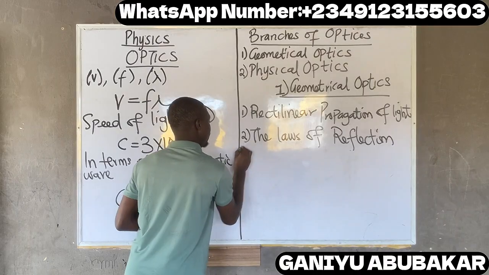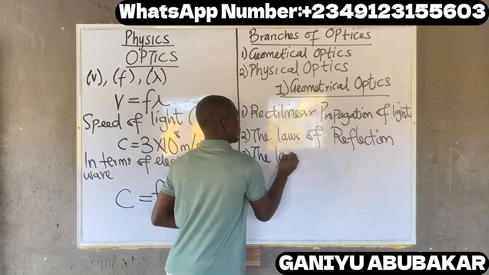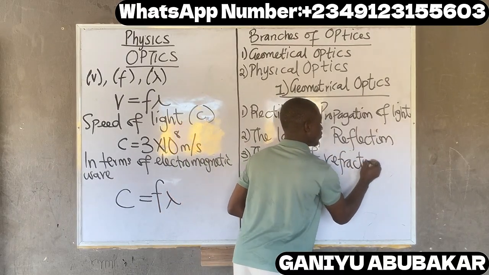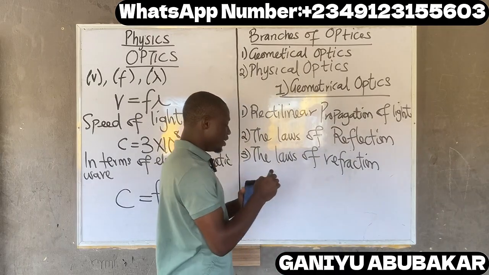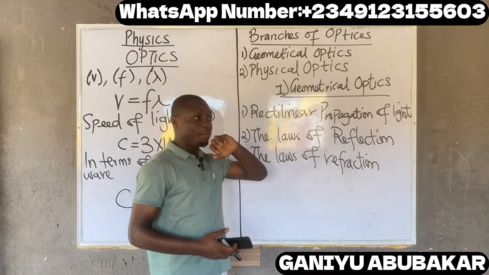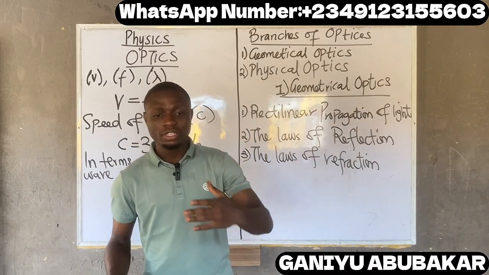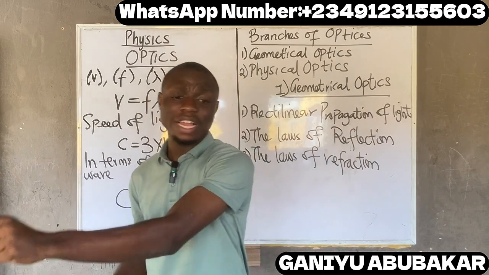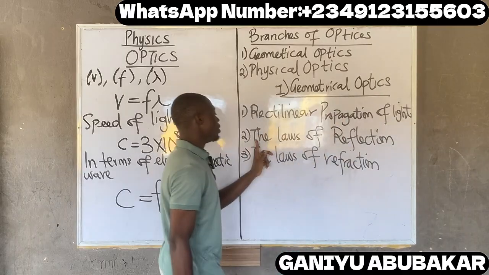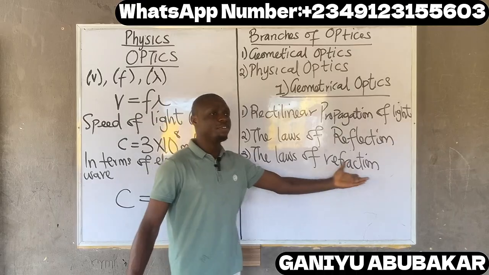Number three, the laws of refraction. These are the three ways in which you can treat light. So geometrical optics is the ray treatment of light, and it includes number one, rectilinear propagation of light, number two, the laws of reflection, and number three, the laws of refraction.